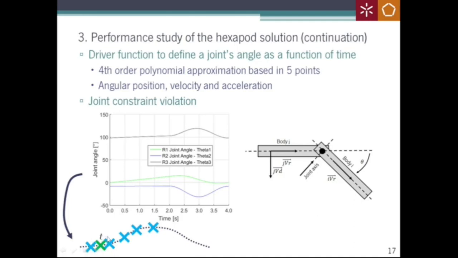In these 5 points, a fourth-order polynomial approximation is performed, which is an easily derivable function, and then from the approximation the referred parameters are obtained. To calculate the violation of the angular constraint of the joint, relations between vectors fixed to each body were used.